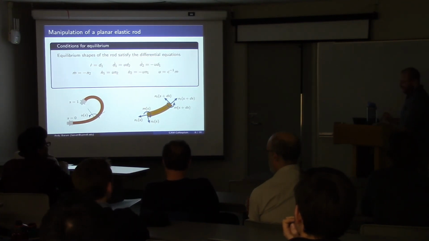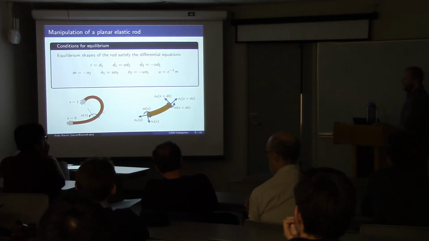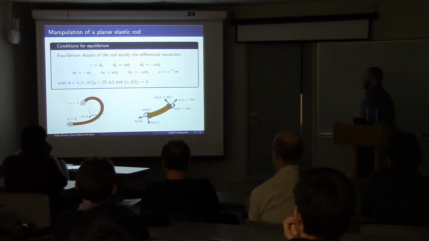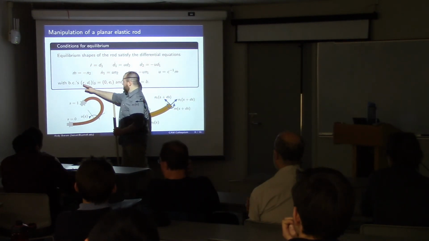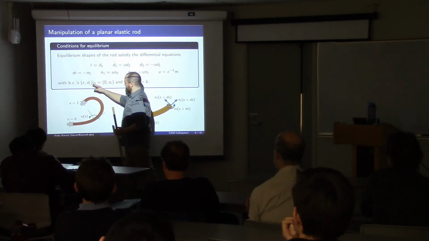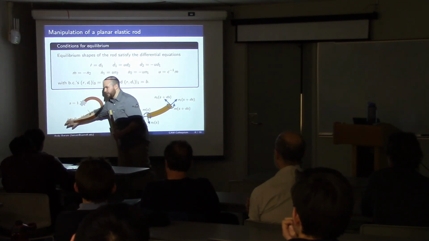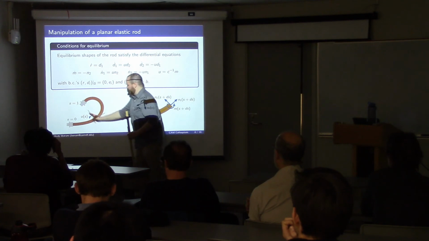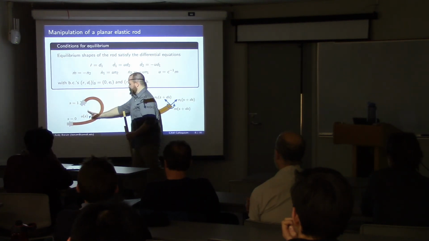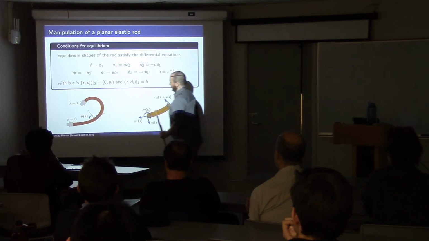So the last thing we need are boundary conditions. We have a set of differential equations. We need some boundary conditions. So we're going to assume that R, the center line position, when S is 0, is at the origin. It's fixed at 0. Those directors, these vectors here, the DIs, this is D1, D2, those are fixed.